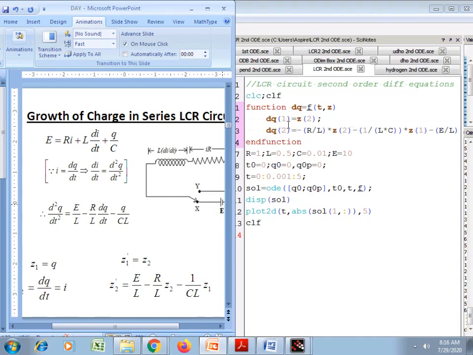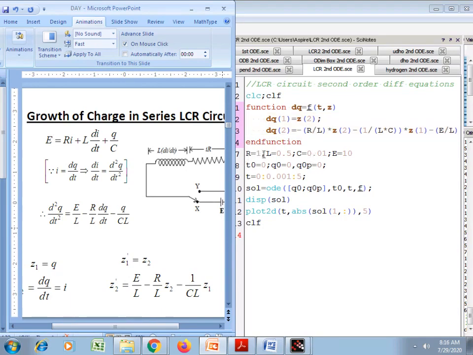So dq1 is equal to z2 from the first equation and dq2 is equal to minus R by L times z of 2 minus 1 by LC times z of 1 plus E by L. Then end function.